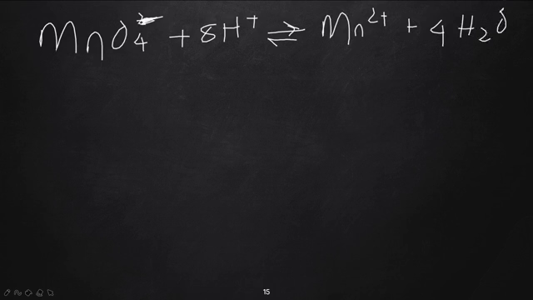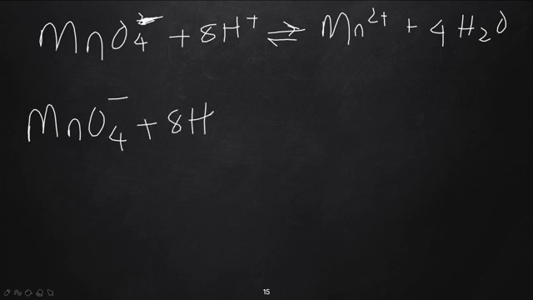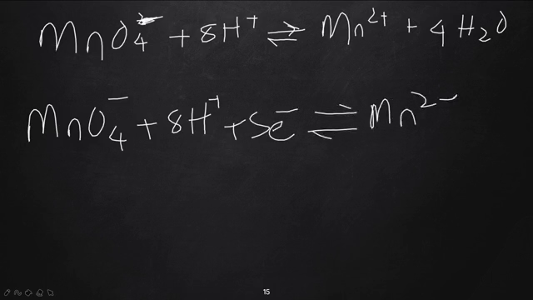We balanced the charge before, so we won't focus on it; the manganese reaction is not our major focus. We end up with MnO4 minus plus 8H plus plus 5 electrons giving us a reversible reaction to Mn2 plus and 4H2O. This is what we have for our reduction half equation.